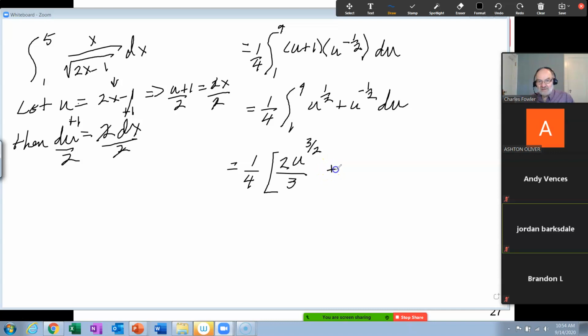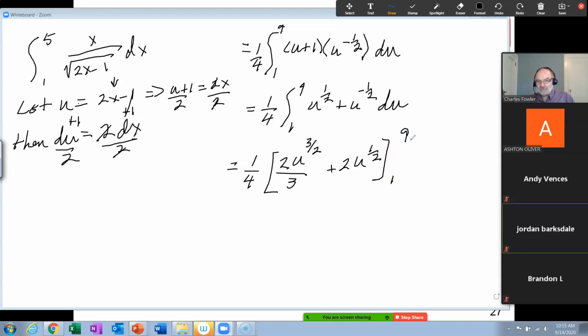Plus, that will disappear in a minute. Well, what's the antiderivative of u to the minus 1/2? Well, it would be over 1/2, which would be a 2 here. Okay, you got it. And that's evaluated from 1 to 9.